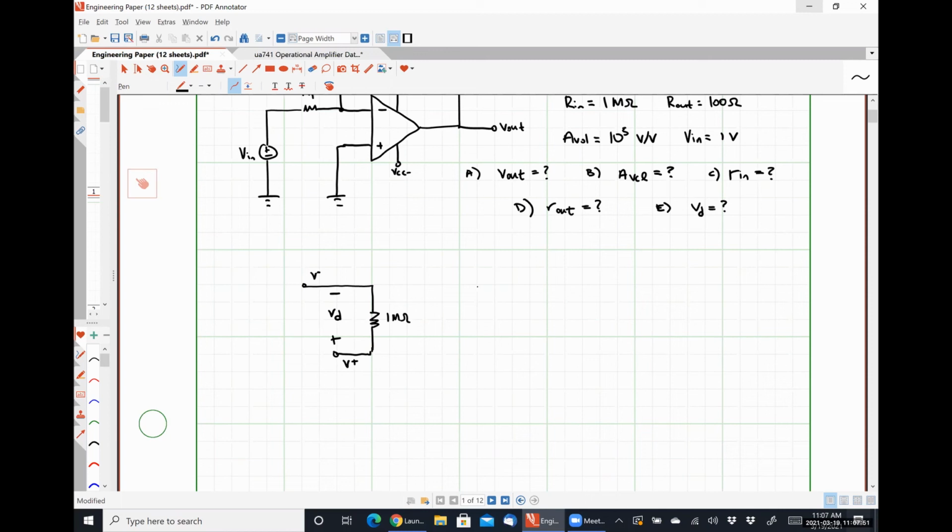Over here on the right-hand side of my model, I have AVOL. Actually, let me put in the numerical value. 10 to the 5 times my differential voltage VD.